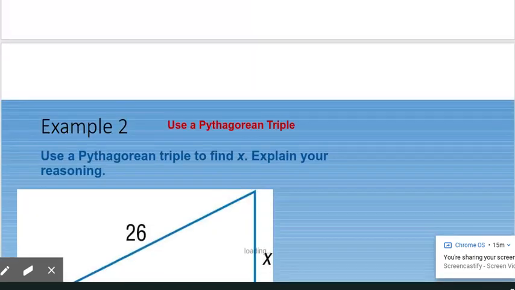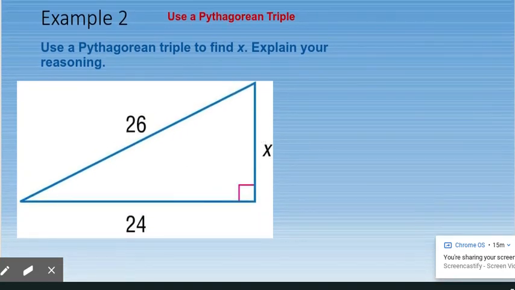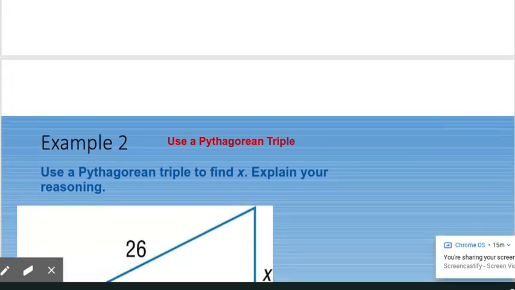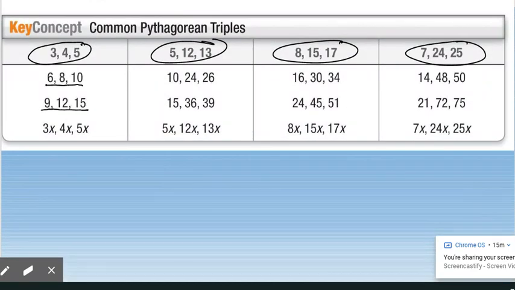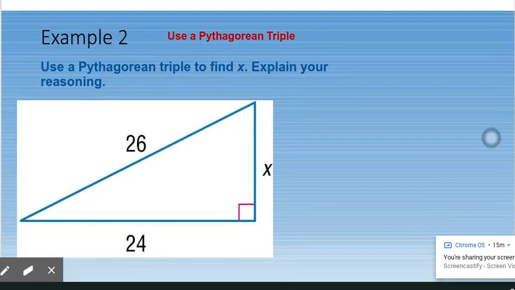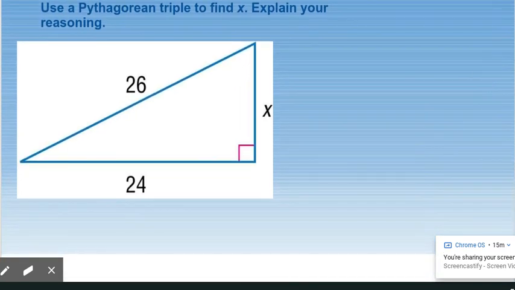Okay. So I look at this one. Got X, we have 24, we have 26. Well, this is the 5, 12, 13. What I see is this is 12 times 2.